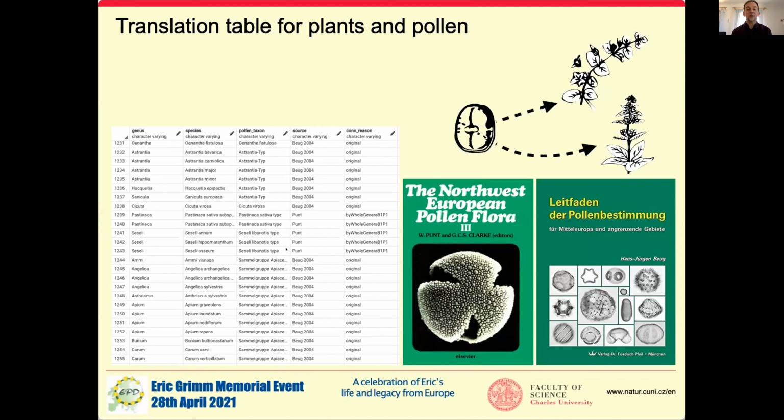So some kind of translation table for pollen taxa into plant taxa. You can see a sample from the family Apiaceae, where at left there are many species of plants, and they are linked, based on different Central European literature, Central European pollen keys, to different pollen taxa.